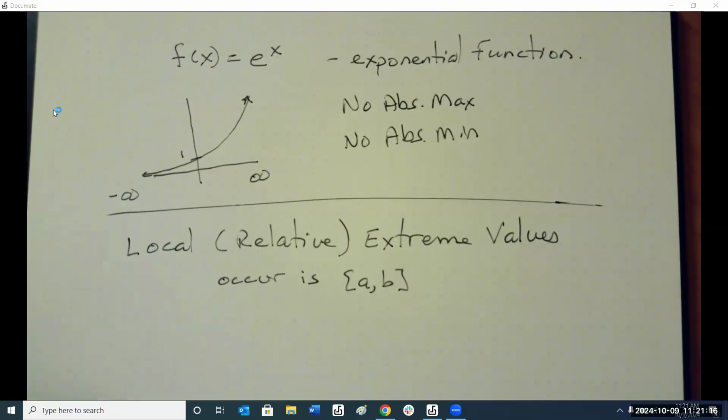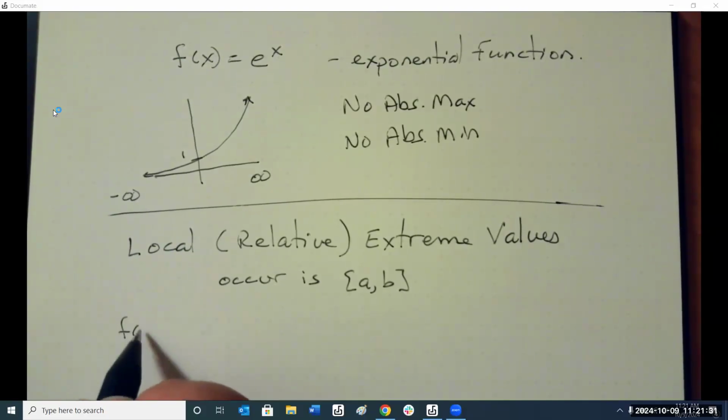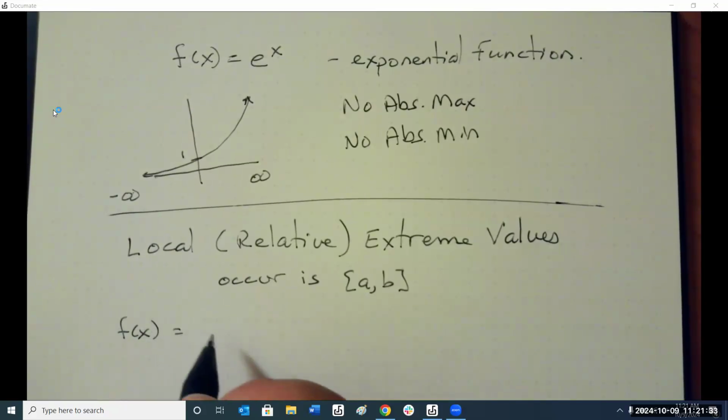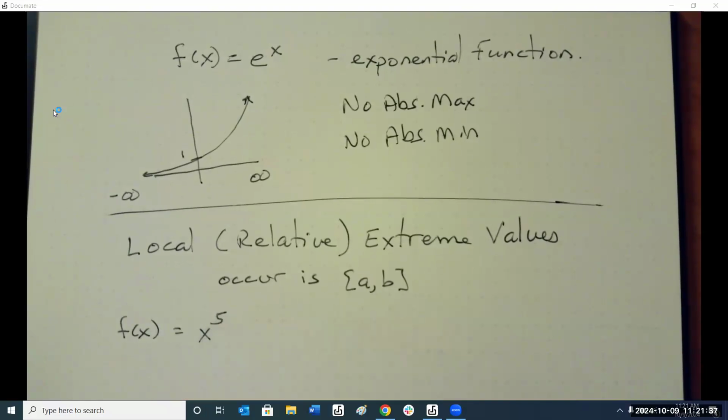Because even if we're going from negative to positive infinity, as with the exponential function, there could be points where we do have extrema. So, for example, let's say we had a fifth order polynomial.